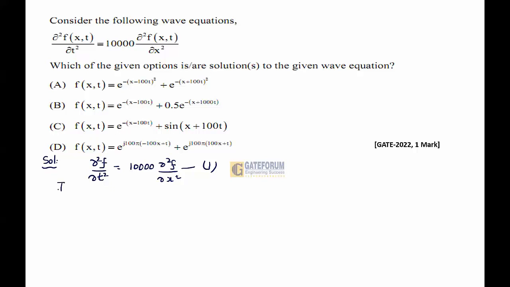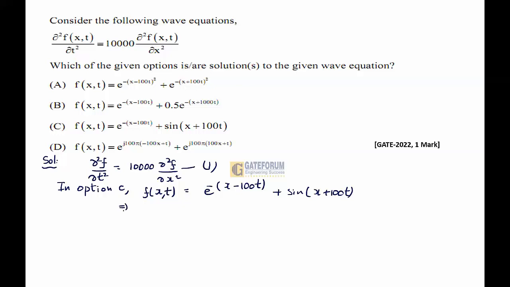In option C, f of x comma t, I'm choosing this option C, and in a similar way you can check the remaining options also: e to the power minus of (x minus 100t) plus sine of (x plus 100t).